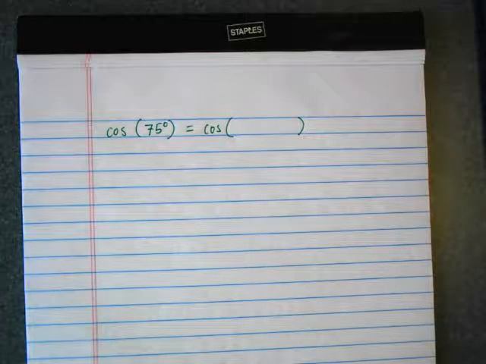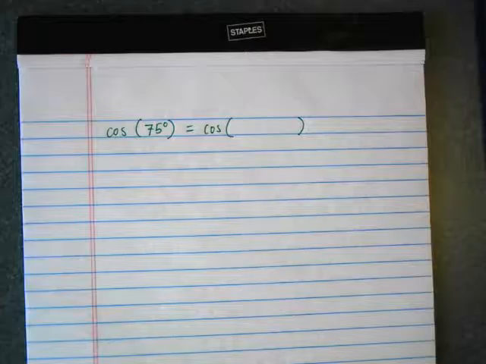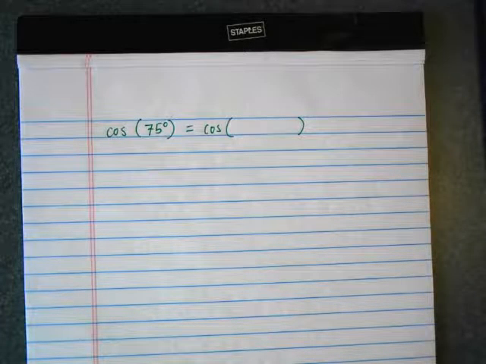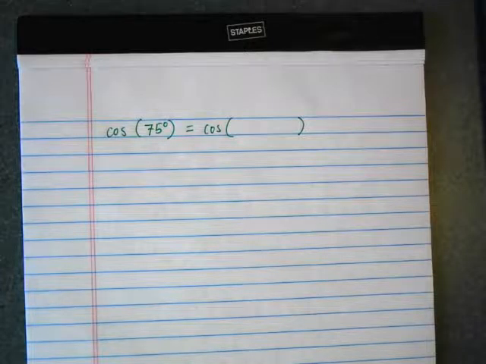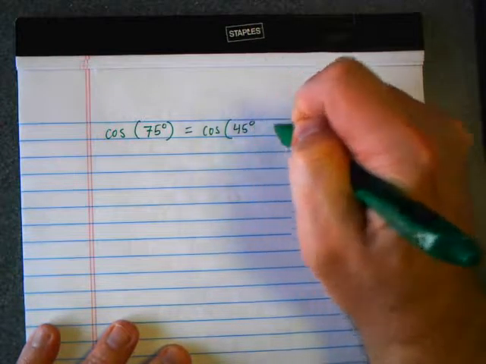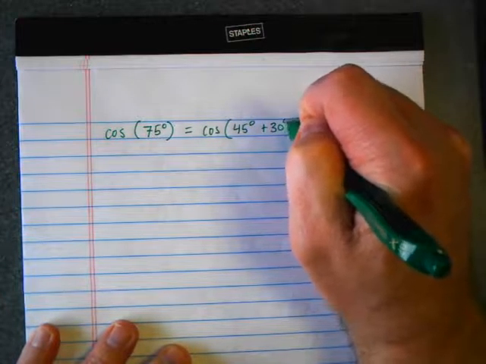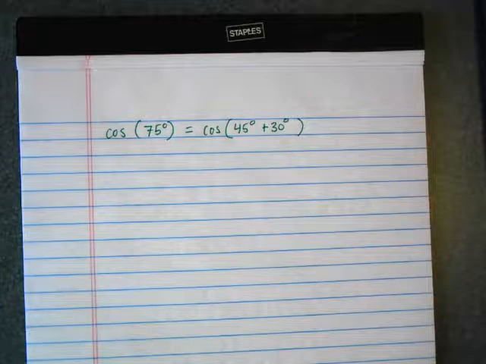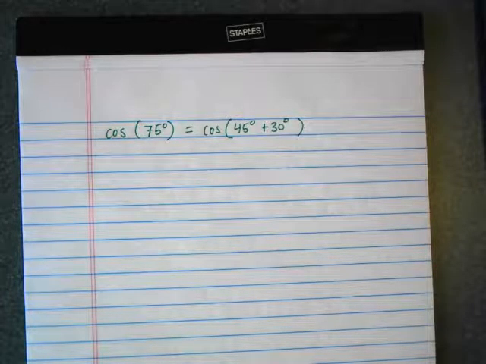That's true, 90 I know all about. But do I know anything about 15 degrees? Is that one of the ones in the chart I memorized? No, so 15 is not a good one to use. How about 45 and 30? Are 45 and 30 angles on that chart? Yes.